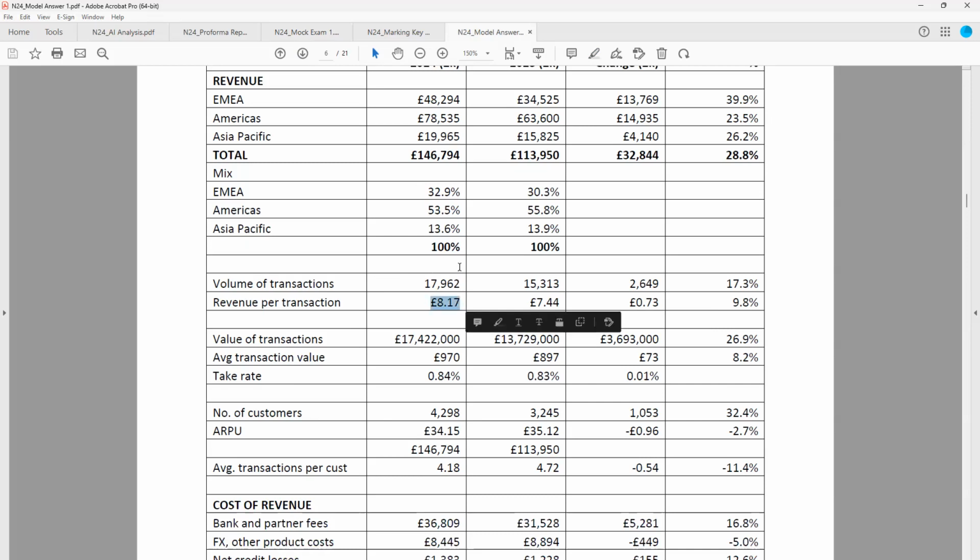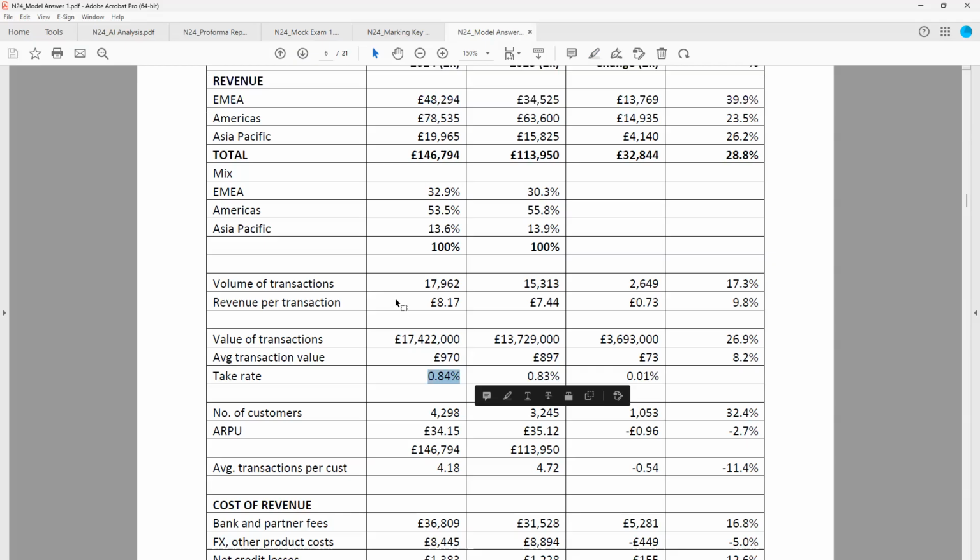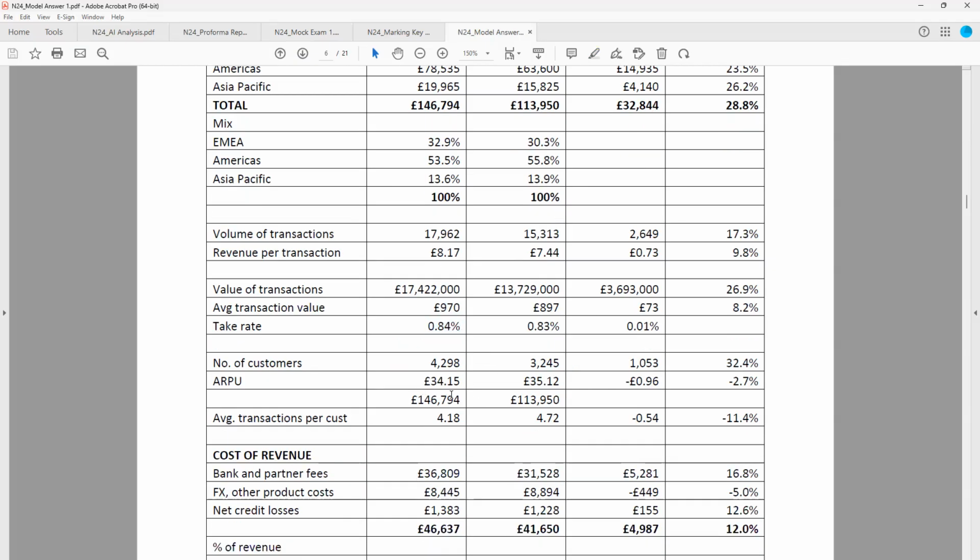And then, as we've just said, revenue per transaction is derived from revenue and volume. Value of transactions will help you get to your average transaction value, and you can work out your take rate using the same method as the AI and the average revenue per user.